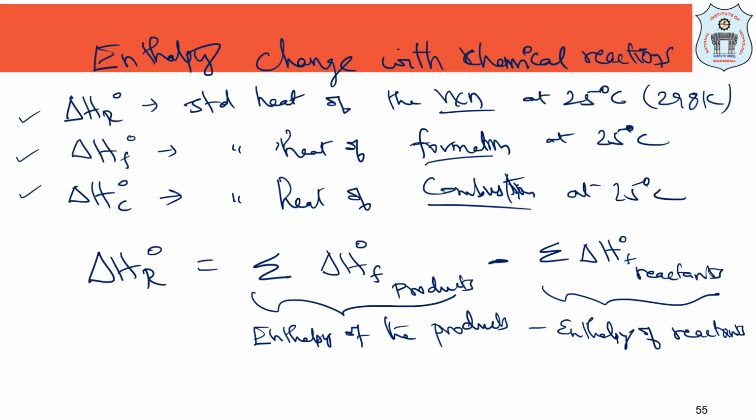Okay, so here only we are going to make use of Hess law. Hess law is used so that the heat of combustion of any substance can be calculated from the heat of formation of the reactants and the products.